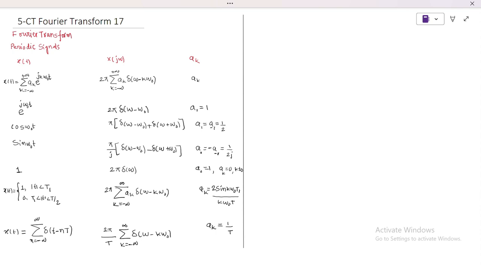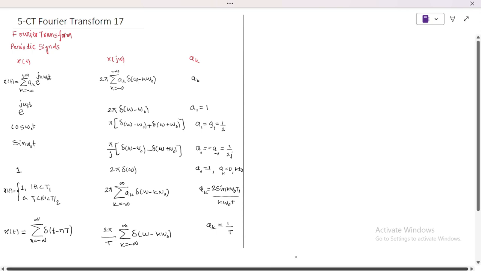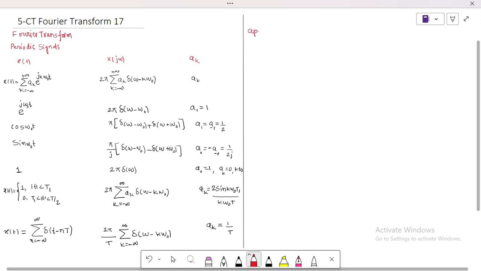So the Fourier transform of an impulse train is also an impulse train. This is the case for periodic signals. Now we go for the aperiodic signal.